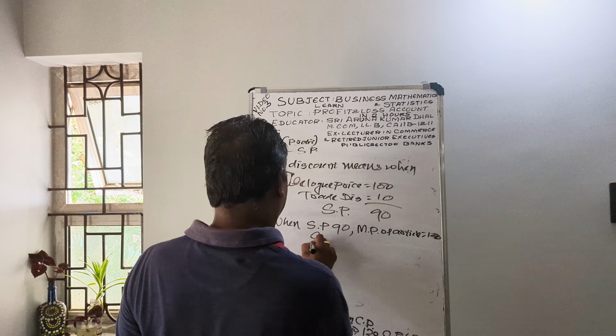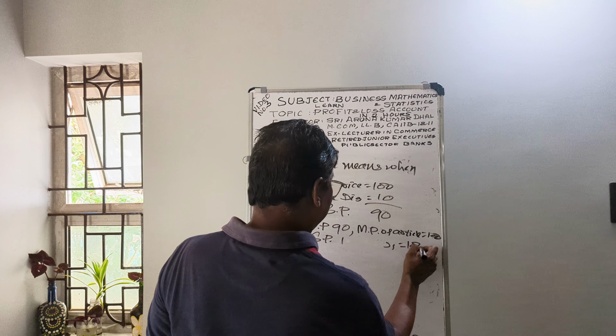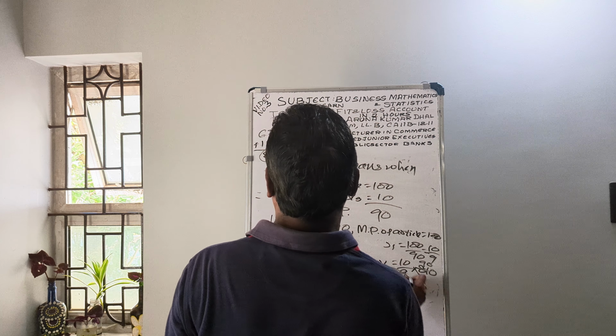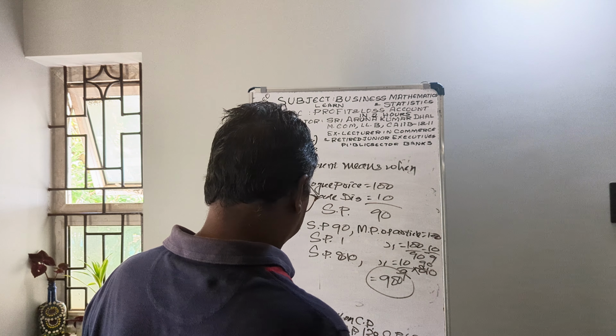When it is 1, mark price is 100 by 90, that is 10 by 9. When sales price is 810, the mark price of the article is 10 by 9 into 810. Here this is cost price. Then added profit 20%, 1 by 5. Then total comes to 810, the sales price. So for sales price 810, mark price is 900. So mark price of the article is 900 rupees.